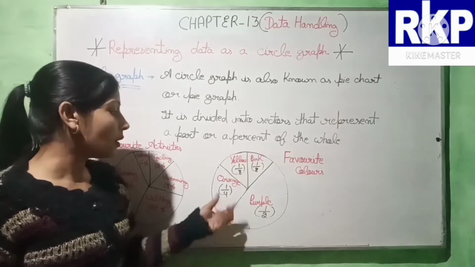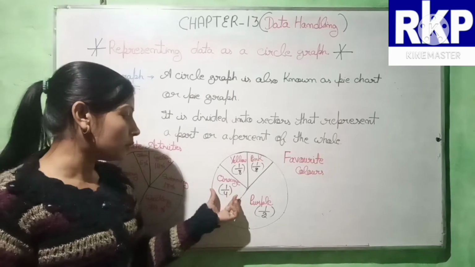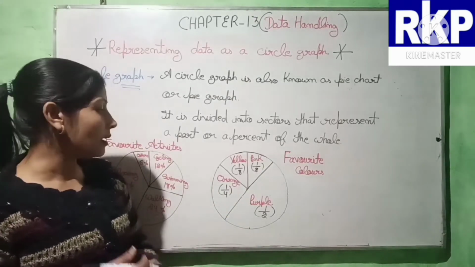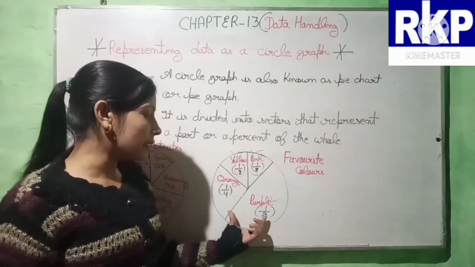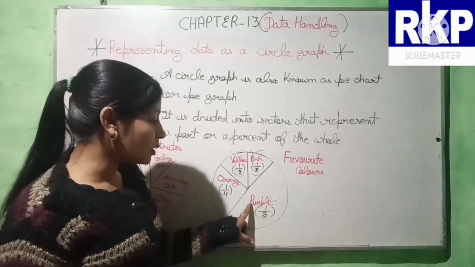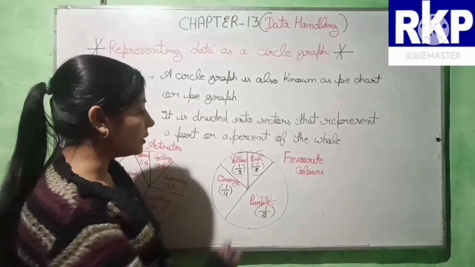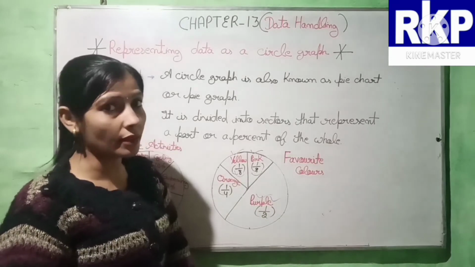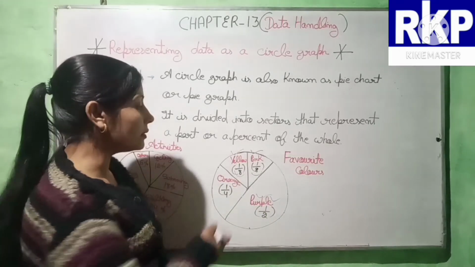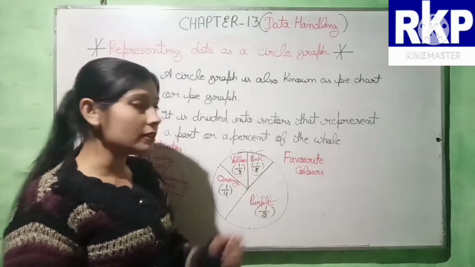It means 1/4 part of the total students like orange color. Looking at the circle graph, we can say that the most popular color is purple. And here you can see 1 by 8, 1 by 8, both fractions are the same. So we can say that yellow and pink, both colors are liked equally.